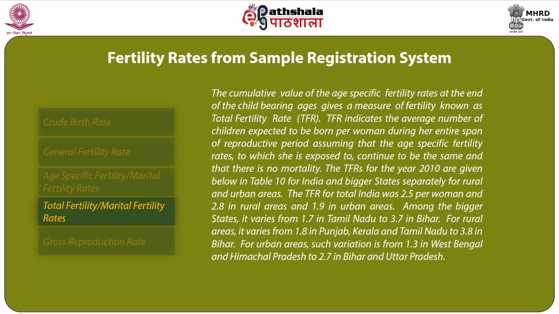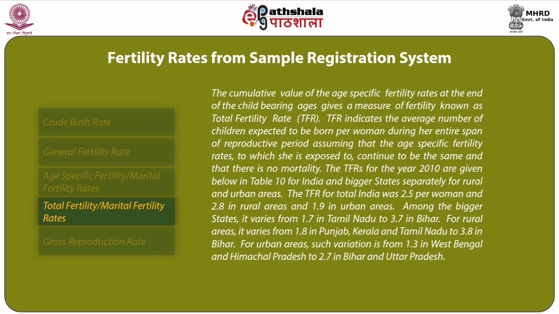The TFR for total India was 2.5 per woman, and residence-wise data shows that it is relatively higher for rural areas at 2.8, and lower in urban areas, at 1.9. Among the bigger states, it varies from a TFR of 1.7 in Tamil Nadu to a relatively higher level of 3.7 in Bihar.